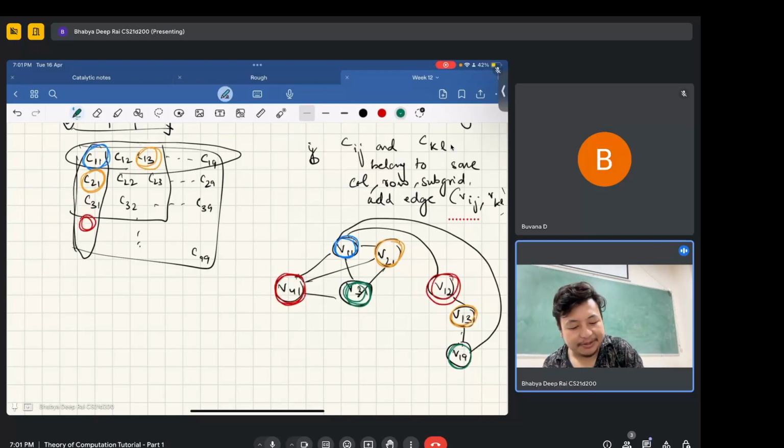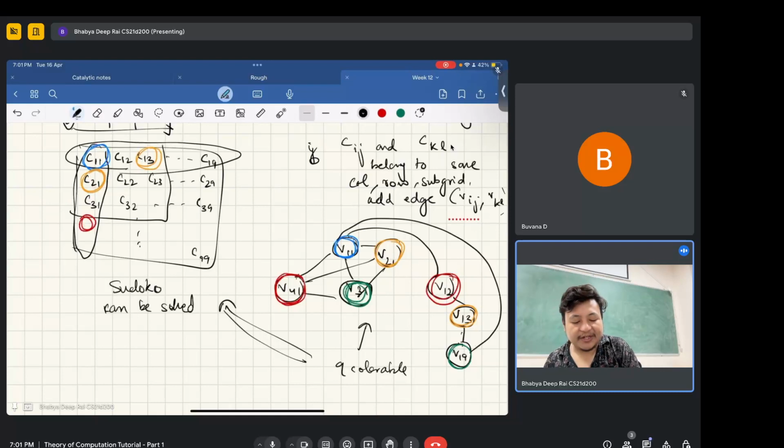So if this particular graph can be colored with 9 colors, this would imply that this Sudoku can be solved. If it cannot be solved, it means I cannot have it that in all the rows, all the columns, each number appears only once. So the corresponding graph also means that I cannot uniquely color all the vertices using this rule. Okay. So is this part clear?